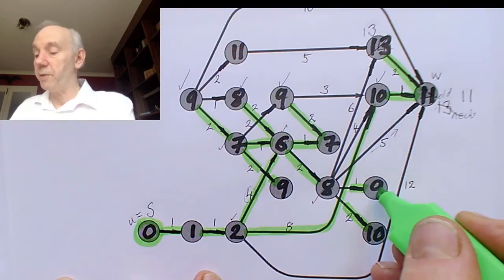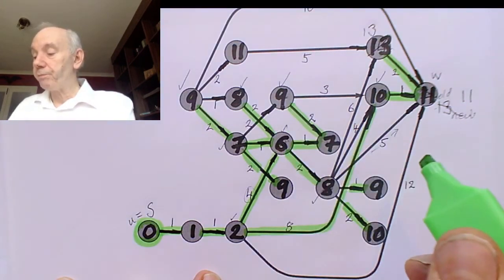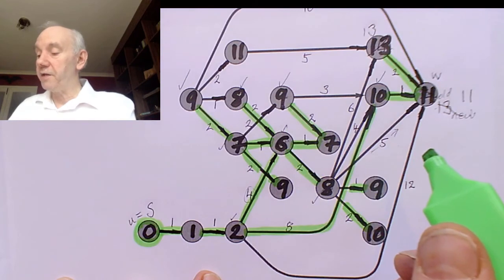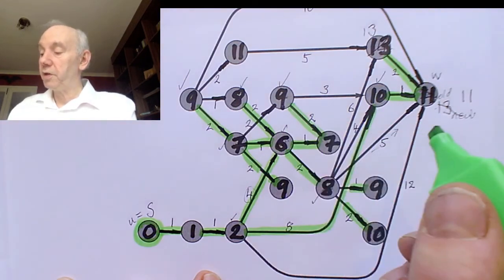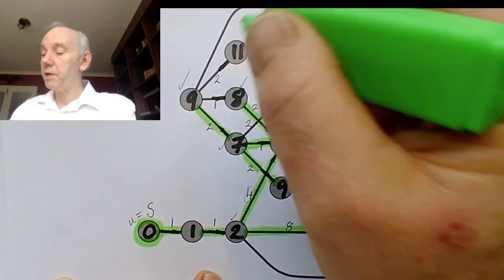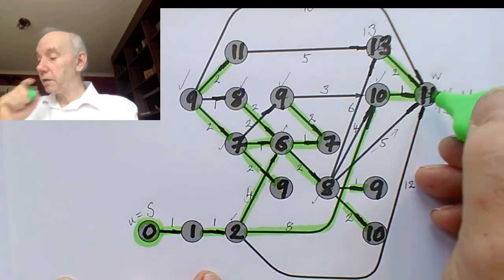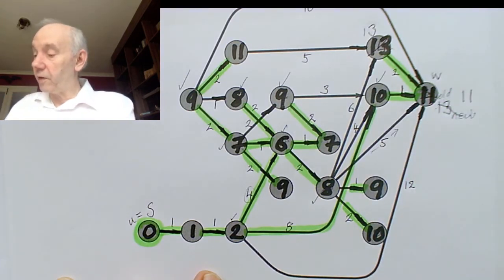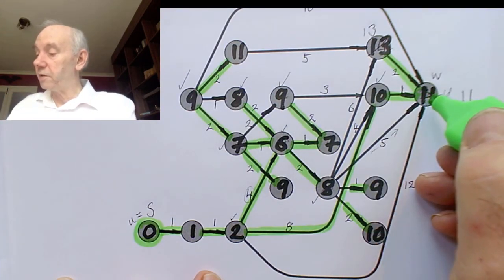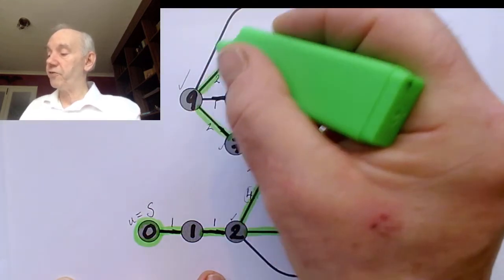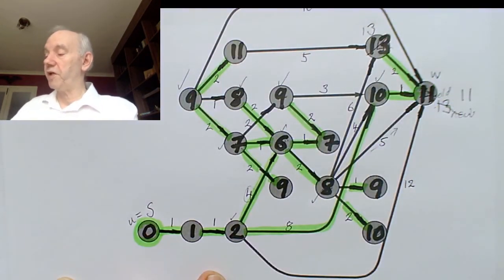There's nothing to add in terms of edges. Then we had a 9 to a 2 to give an 11. We never went round here because the number was too big, because we'd already gone another way.